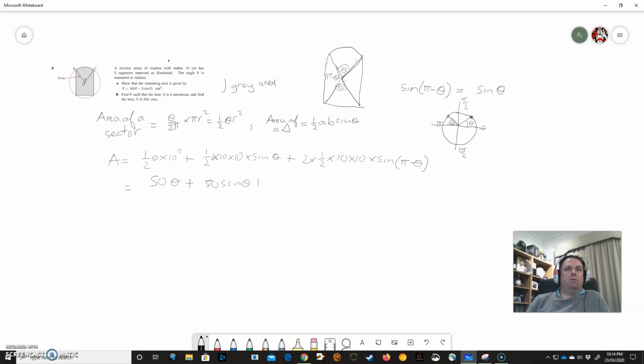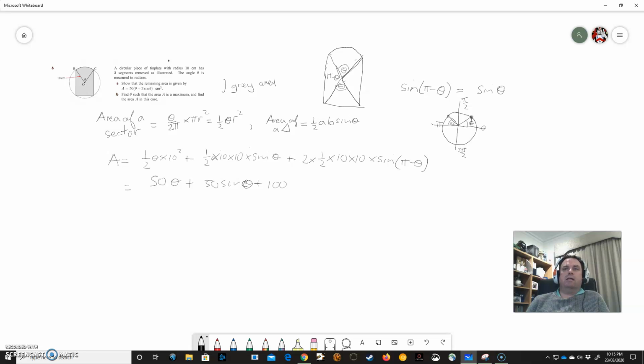And then this bit here, we've got 100 sine of pi minus theta, and sine of pi minus theta is equal to sine theta. Look, there it is. There's sine theta.